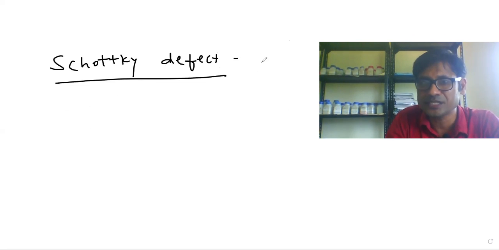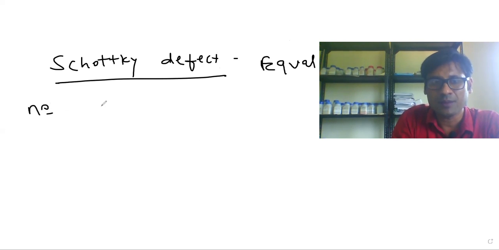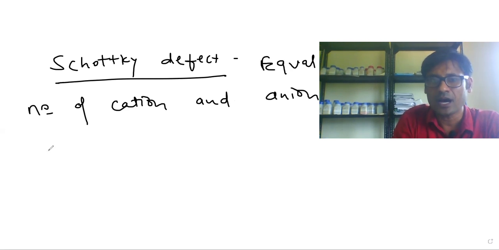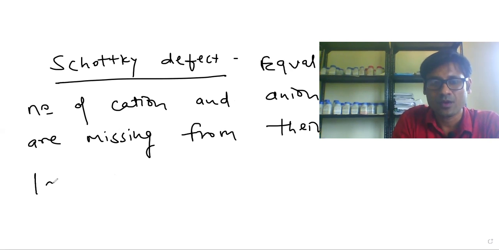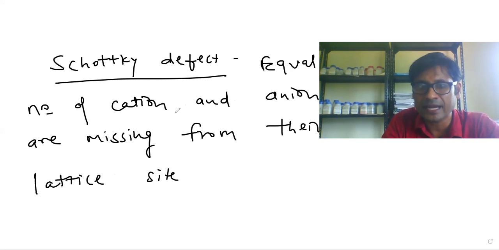The defect in which an equal number of cations and anions are missing from their lattice sites is called Schottky defect.